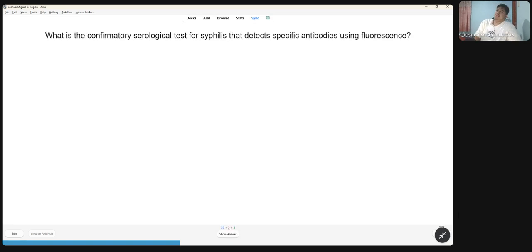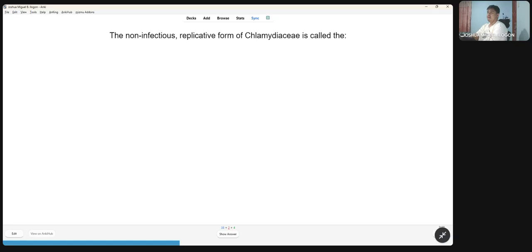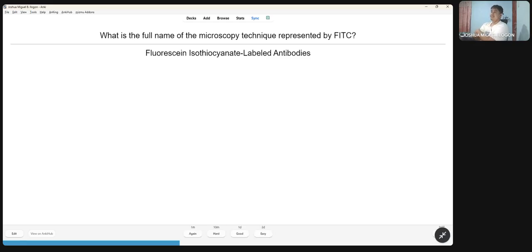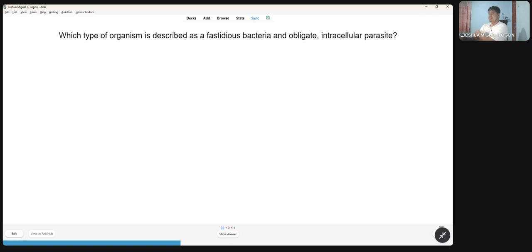What is the preferred serological test? So, indirect fluorescence antibody test. Is that specific antibodies you see in fluorescence? Non-infectious replicative form of chlamydia. I am not gonna spell out fluorescein isothiocyanate.